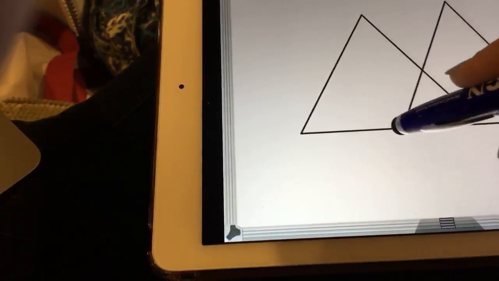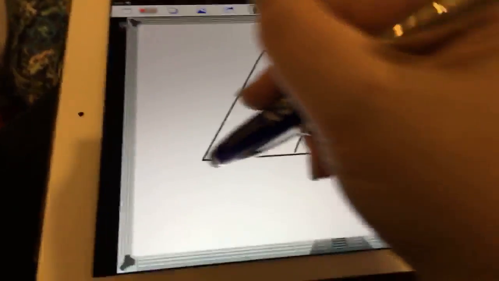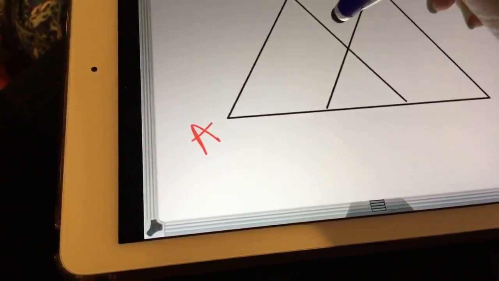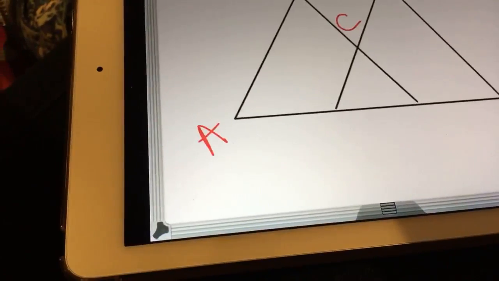Not perfect. Shocking. I'm sure that you guys have all really come to expect very perfect and drawn to scale drawings from me.